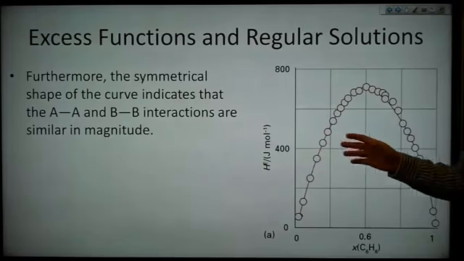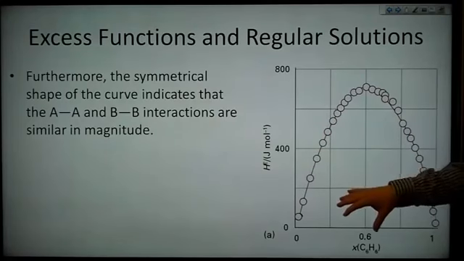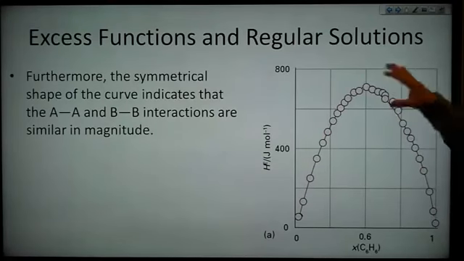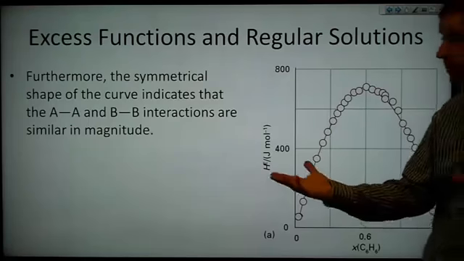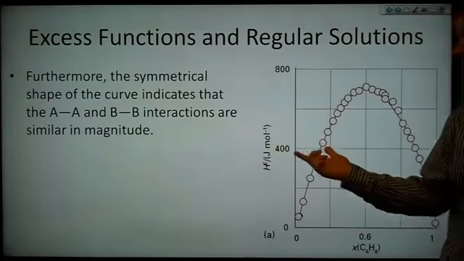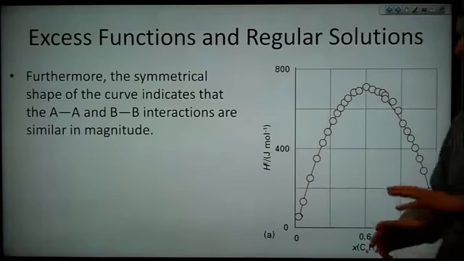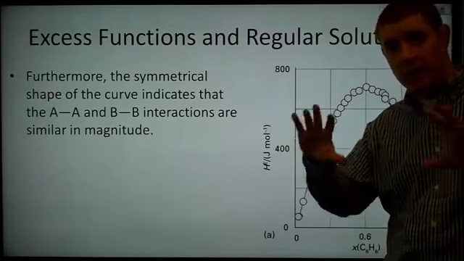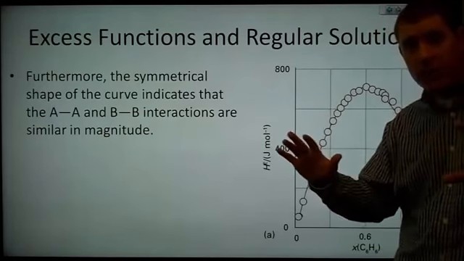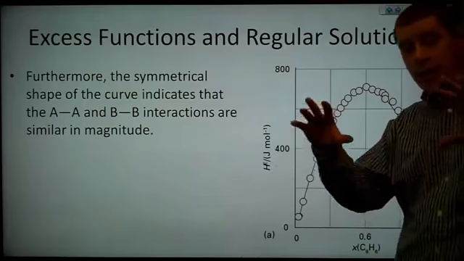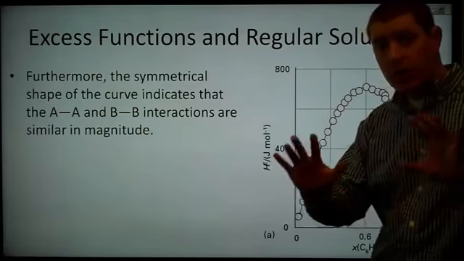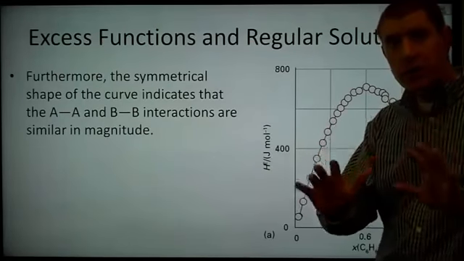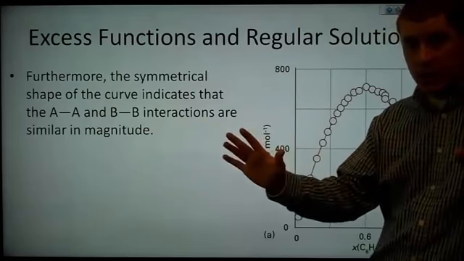And because our curve here is symmetric, this means that our AA and BB interactions are similar in magnitude. The size of the AA interactions and the size of the BB interactions are roughly comparable, but the AB interactions are significantly different than the AA and BB interactions.